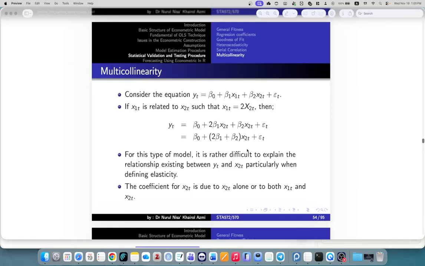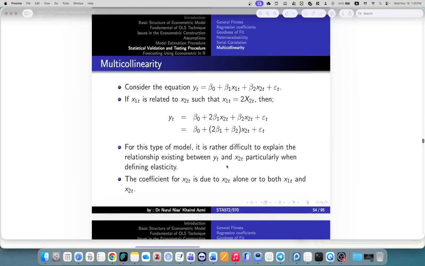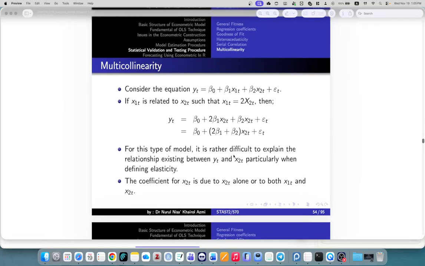When this problem happens, it is rather difficult to explain the relationship between yt and x2t. When you explain the concept of statistical validation, if there is a mathematical equation behind it, it helps you understand what happens if this problem occurs.